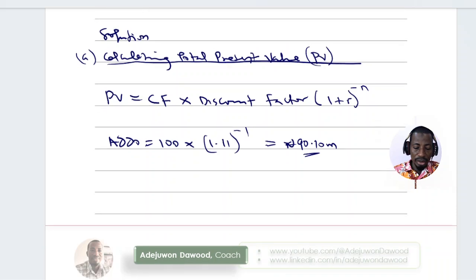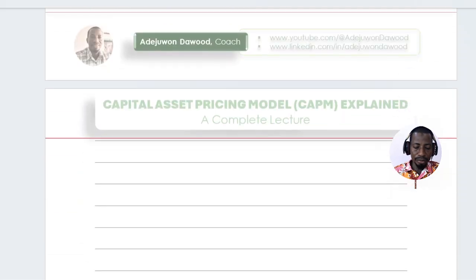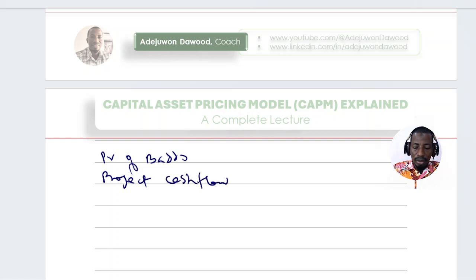That's that. So let's compute for Bado. PV of Bado. Because Bado has about 3 projects, let's use a table so that we have a good presentation. So we have a column for projects, cash flow, then discount factor, then we're going to have the present value.